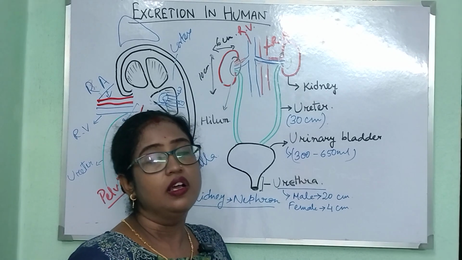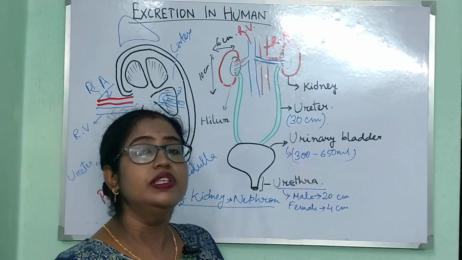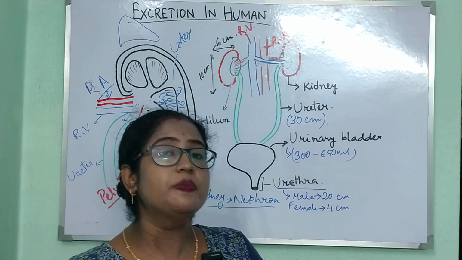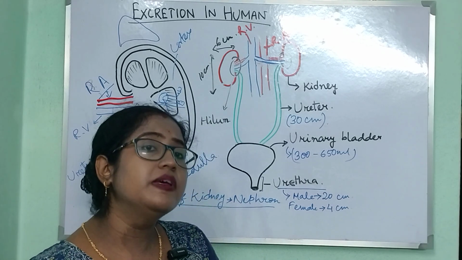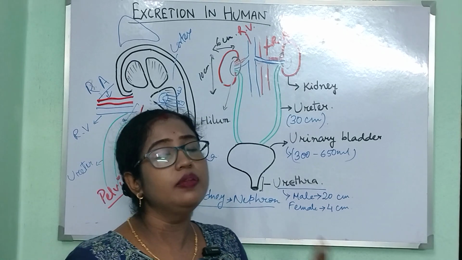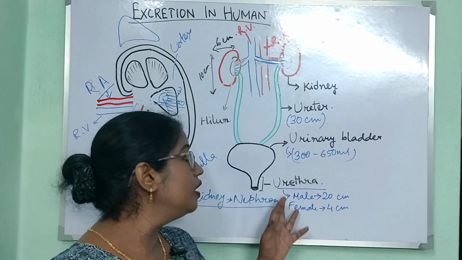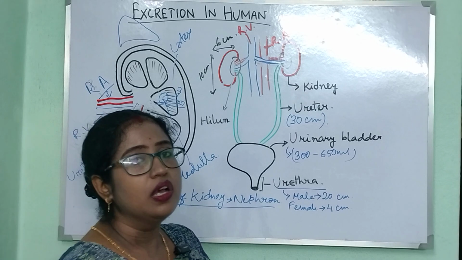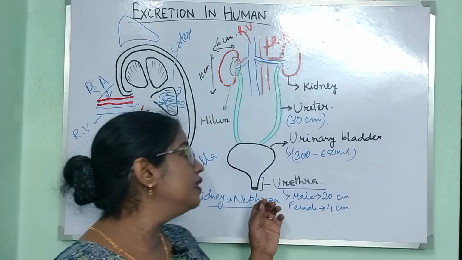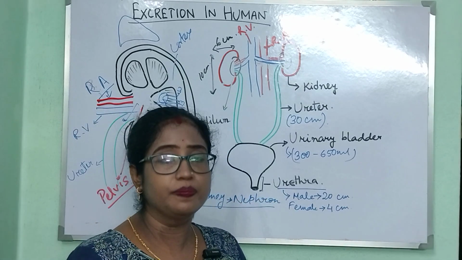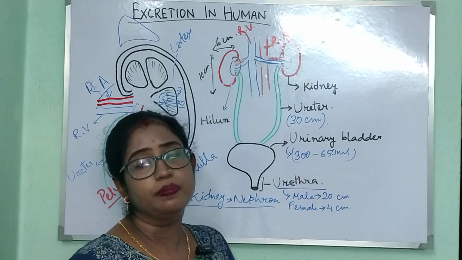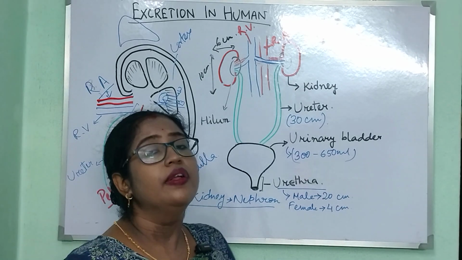In human male, the urine, along with the germ cell known as sperm, is expelled outside the body through the urethra of the penis, the reproductive organ, which is a common pipe-like structure that throws both outside.